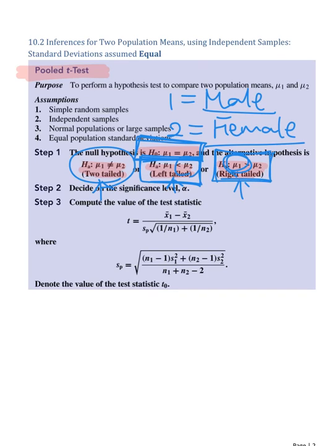What do you want to do? Which one do you want to test? Two-tailed, left one, or right one? Say again? Not two-tail. Okay, then now we have left tail and right tail.